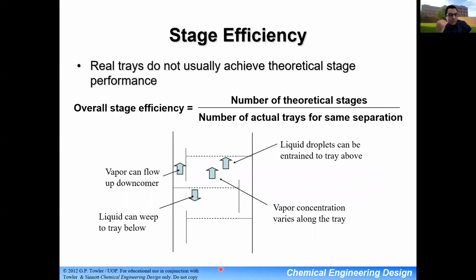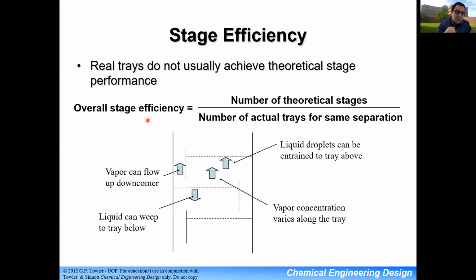Okay, another idea in distillation is called stage efficiency. We said that your theoretical stages, or calculating the number of theoretical trays, is a good initial estimate. However, it does not always reflect your actual distillation column design. So in order to bridge this gap, we always have an efficiency, where the efficiency refers to the number of theoretical stages divided by the number of actual trays for the same separation.